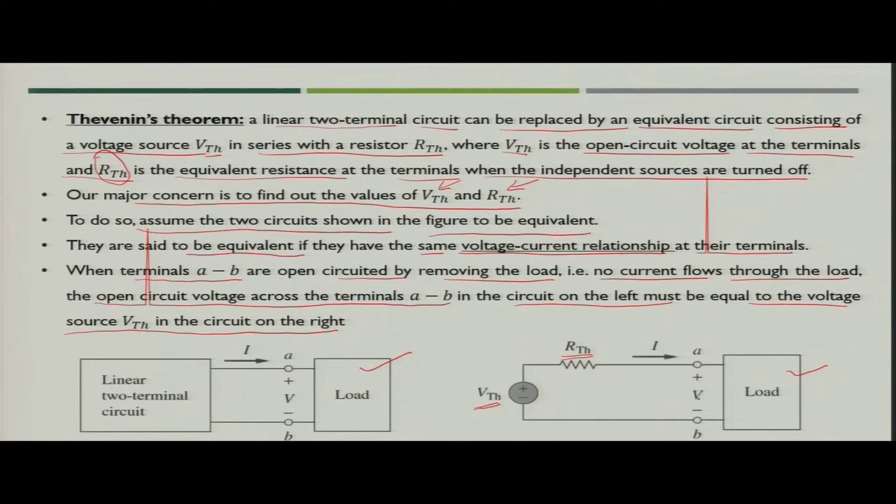When it is open circuited, there would be no current flowing in this particular segment, right. So, if you remove the load, no current will be flowing, and in that case, this particular voltage would be nothing but VTH.